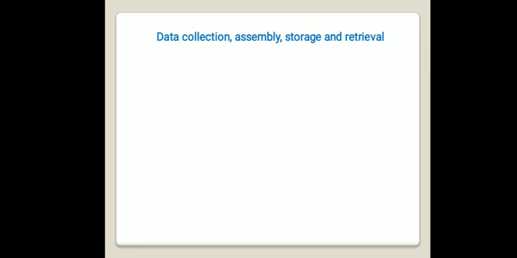Then let's see the application of computers in data collection, assembly, storage, and retrieval. The current applications can be broken up into the broad classes of computational tools like data collection, assembly, storage, and retrieval, nucleic acid and protein sequence analysis, restriction map generation, simulation of molecular processes, and experimental planning and debugging.